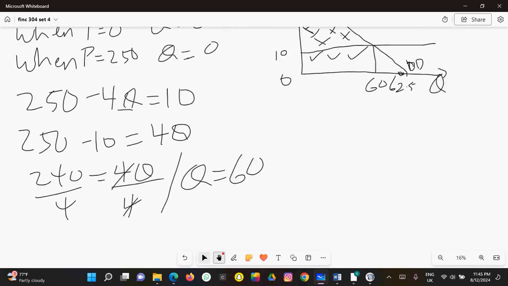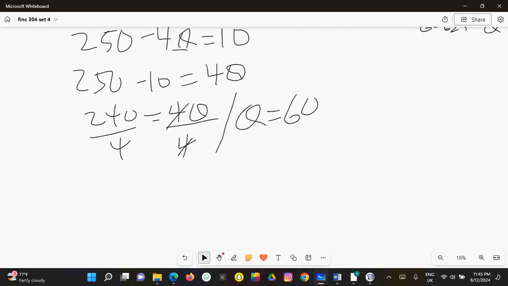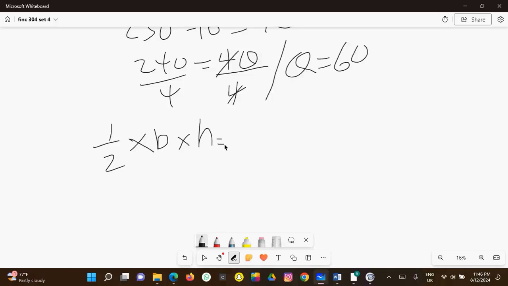So now their profit is going to be the consumer surplus, the area of this triangle, which is half times the base times the height.